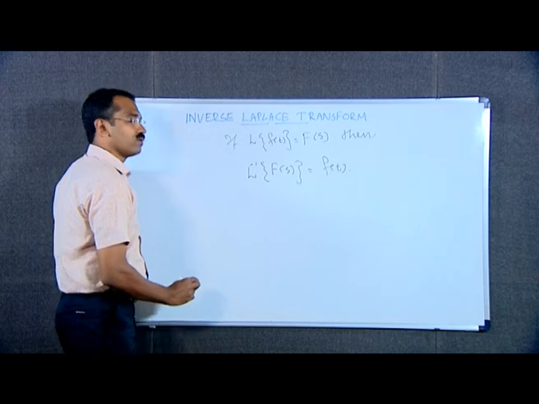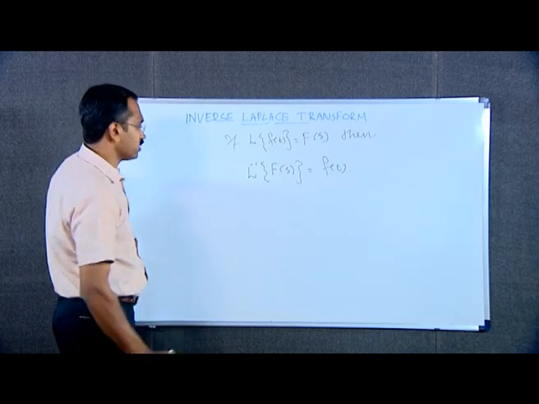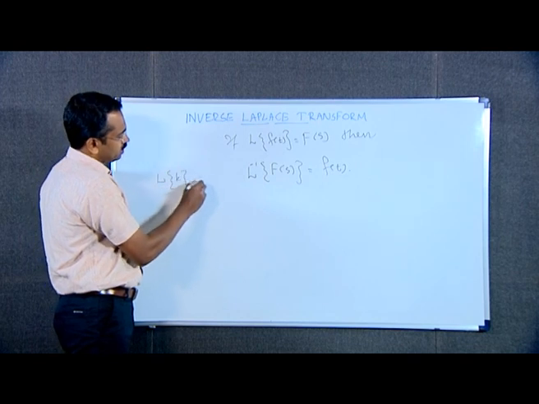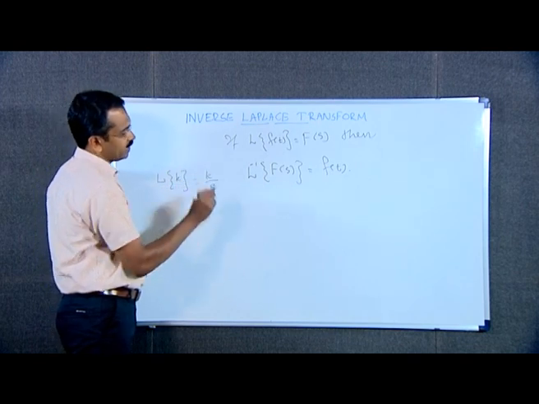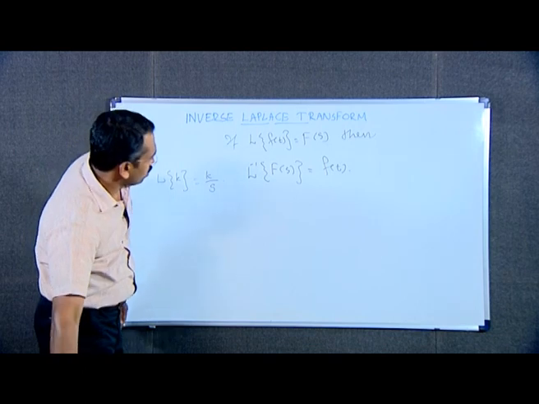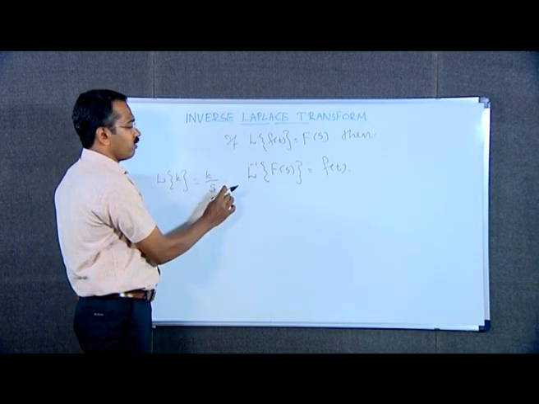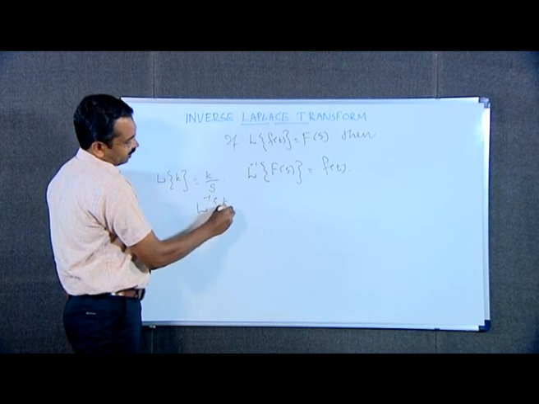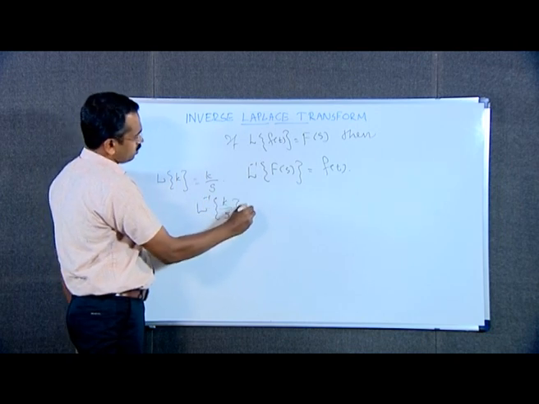We have the elementary transformations. L of k is equal to k by s. Therefore, we can write L inverse of k by s is equal to k.